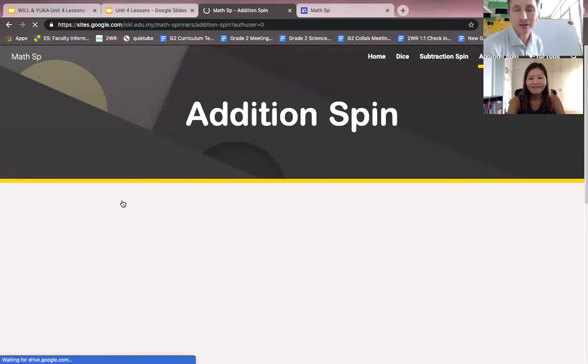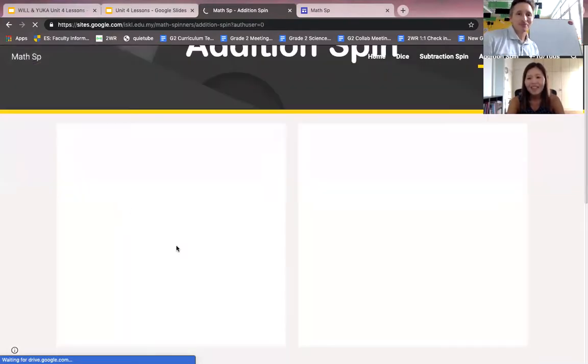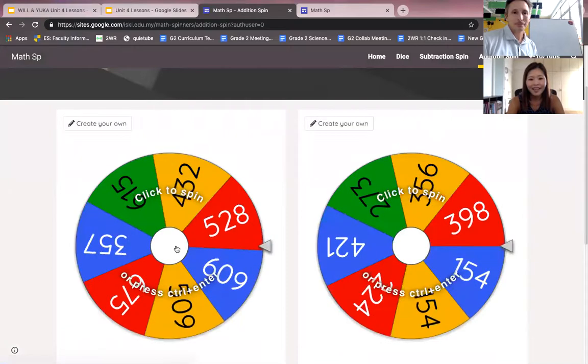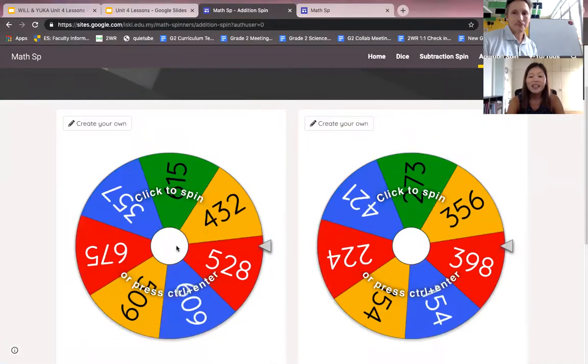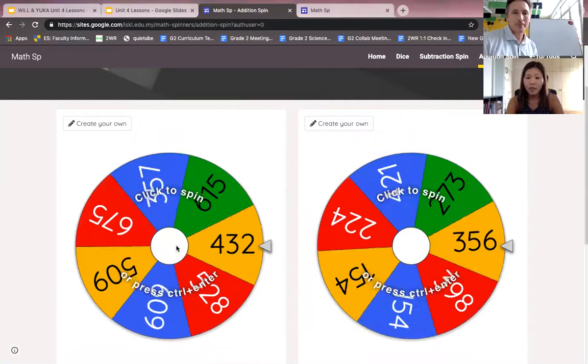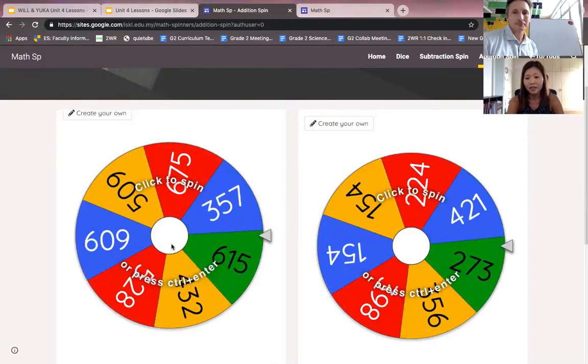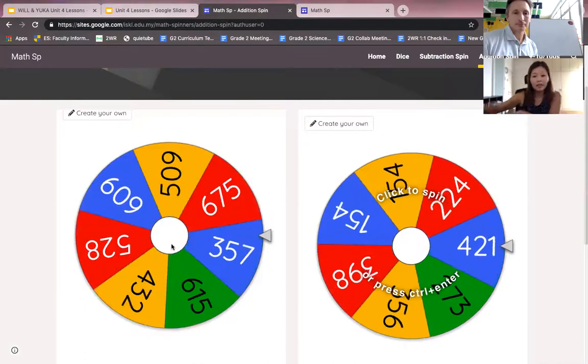Since I went first last time, Miss Yuka, you can go first this time. Mr. Regan is going to spin the first spinner and we'll spin the second spinner to give me the 2 numbers.